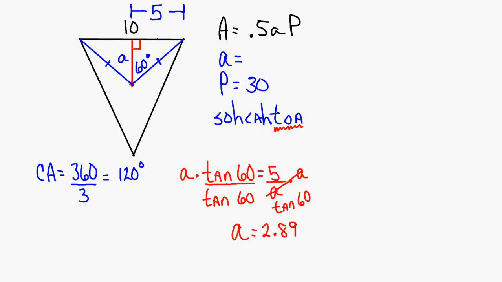Now you've got your apothem. All right, so now you can substitute and find the area. So you've got 0.5 times 2.89 times 30, which is 43.35. That's the area of that regular polygon.